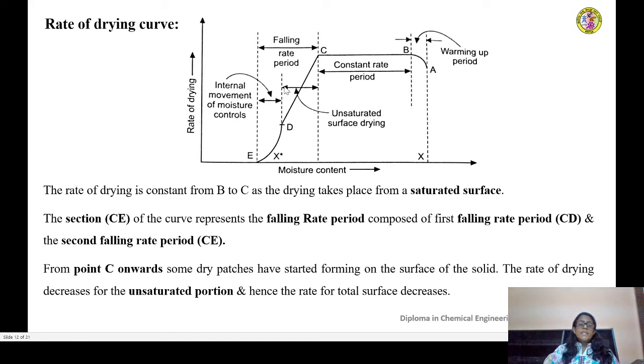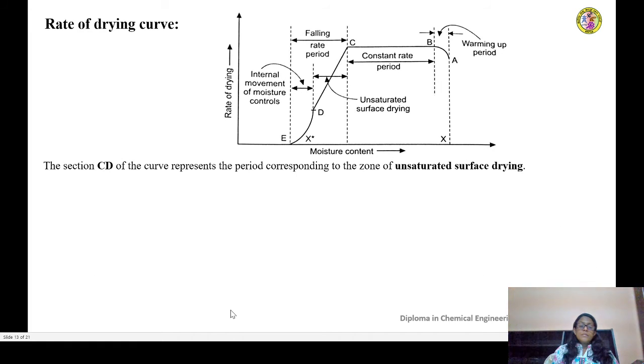So the section CE of the curve represents the falling rate period composed of the first falling rate period shown by CD and the second falling rate period shown by DE. The section CD of the curve represents the period corresponding to the zone of unsaturated surface drying.